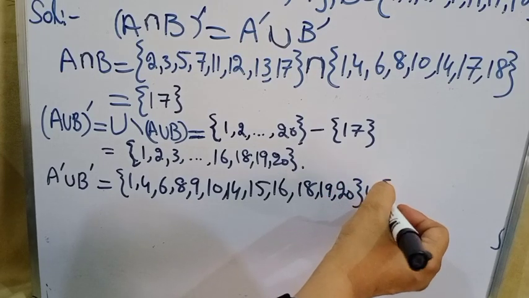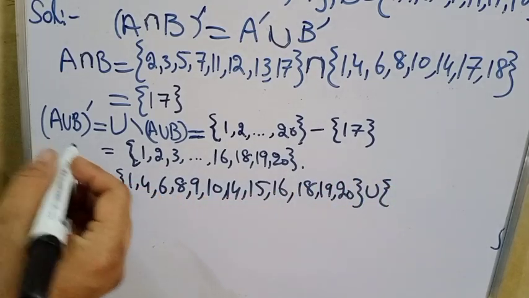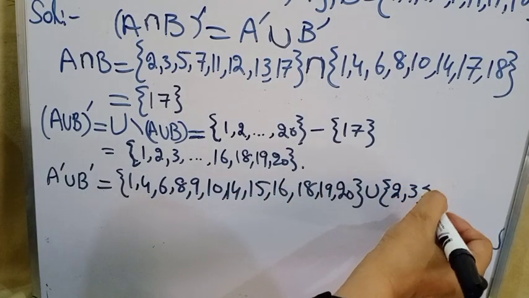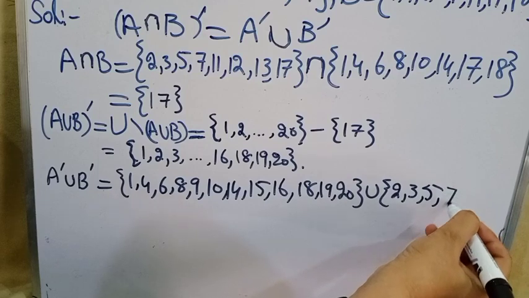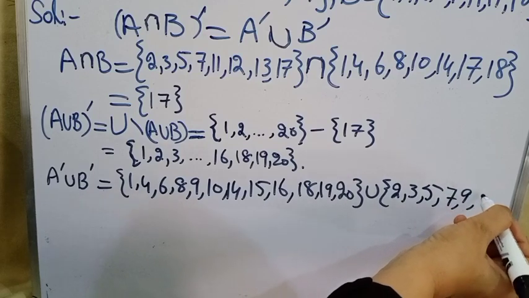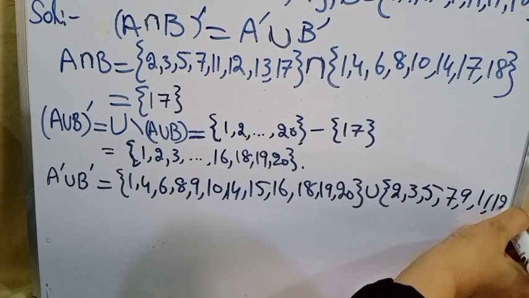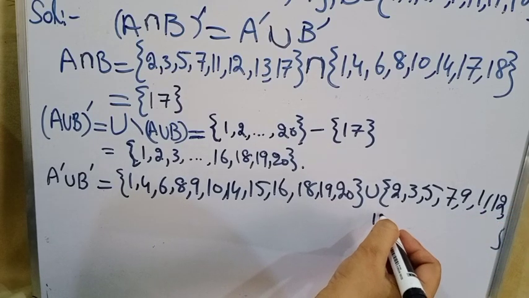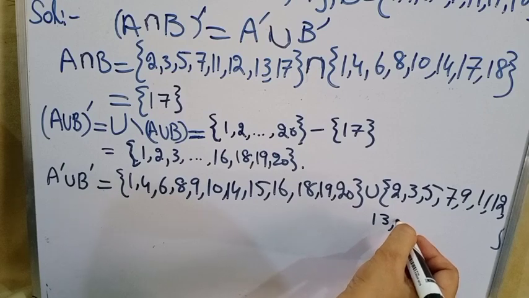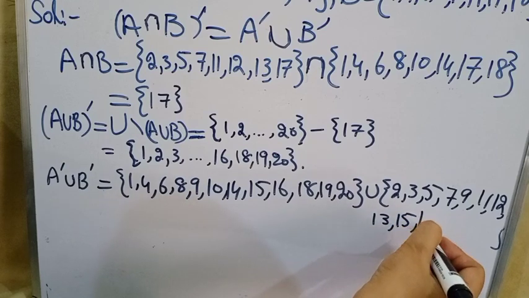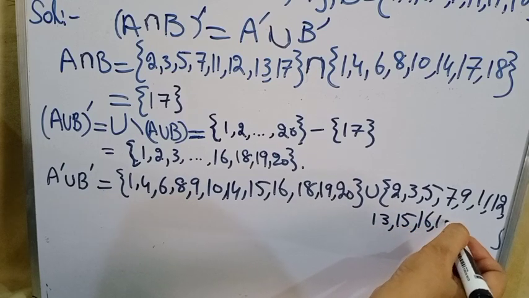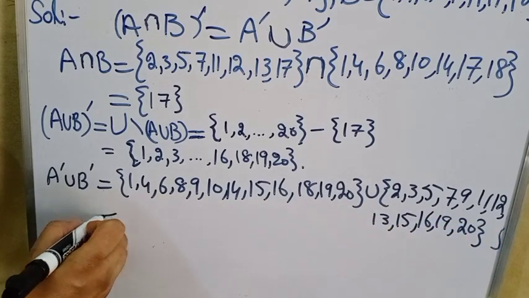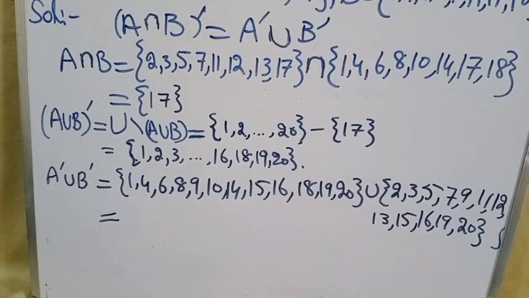Union set B complement has elements 2, 3, 5, 7, 9, 11, 12, 13, 15, 16, 19 and 20. This is the union of these two sets.